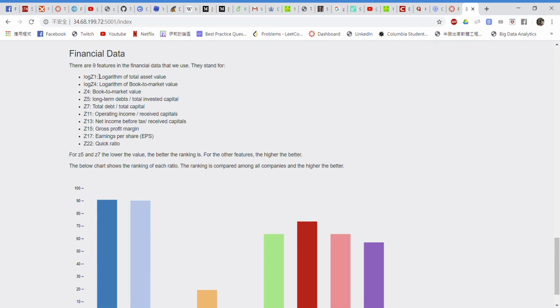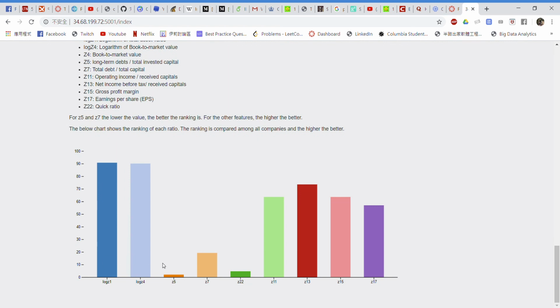I believe the Z1 and Z4 are related to the company size. As you can see, these 2 bars are very tall, so that means this company is a huge company. And for Z5 and Z7, it's very low, and the Z22 is as well. I believe the Z7 is the debt to capital ratio, which means how much money the company is borrowing right now.